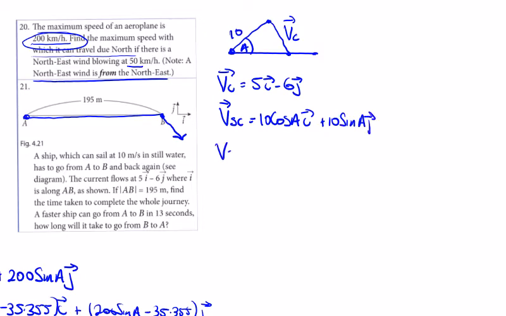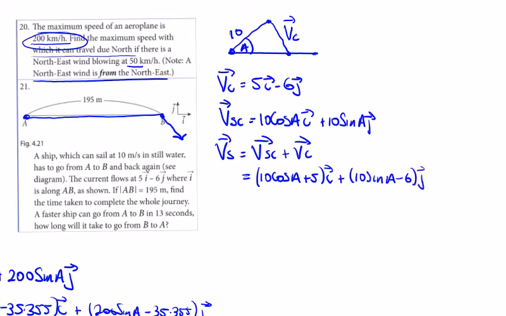So the velocity of the ship is the velocity of the ship relative to the current plus the velocity of the current, which in this case is going to be 10 cos A plus 5 in the I direction, and plus 10 sine A minus 6 in the J direction.